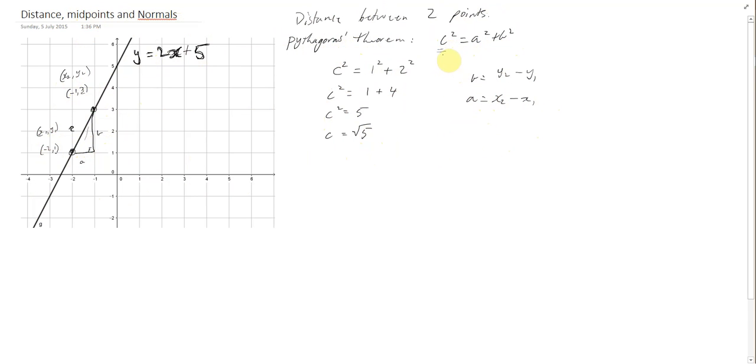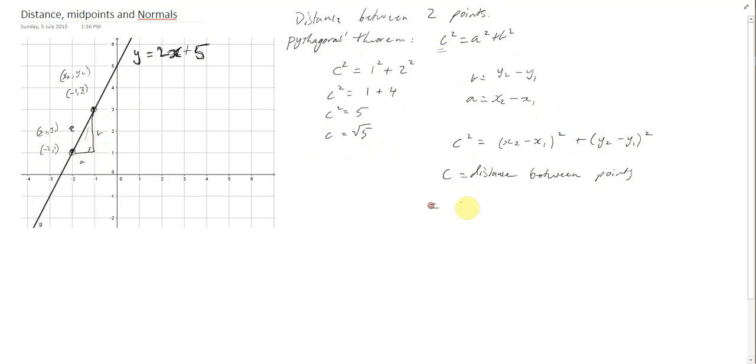So we can write Pythagoras' theorem again using this. We could say c squared is actually x2 minus x1 squared plus y2 minus y1 squared. And if we wanted to, we could just say c, which is the distance between points in this case.